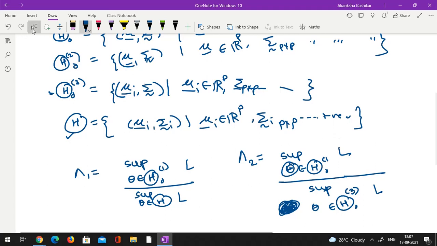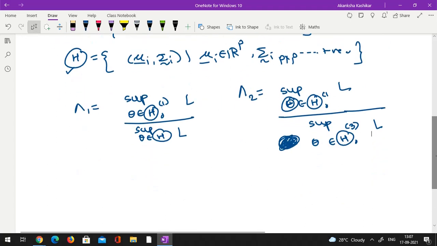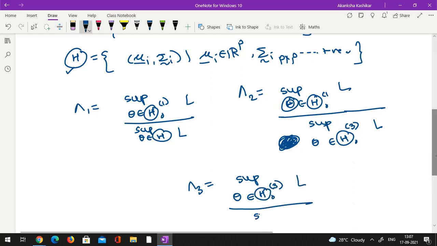So my lambda 3 would be the supremum over theta belonging to script theta 3 divided by the supremum over theta belonging to script theta. Because for the third, the null space is actually this one. Sigma is common and mu's can be different, and the overall space is the overall space.